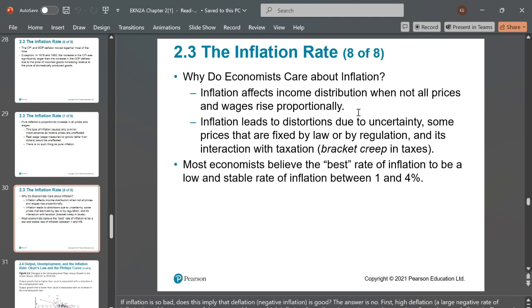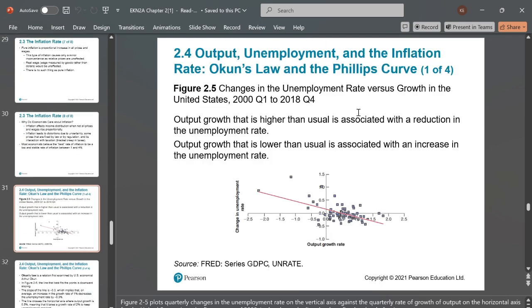And then the slide reads the base rate of inflation is between 1 and 4%. But in South Africa, our target rate is 3 to 6%. It's very important to remember that because they might just ask it as a 1 mark question in a test or exam. So please do note that.